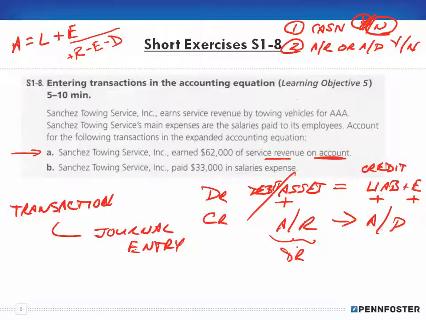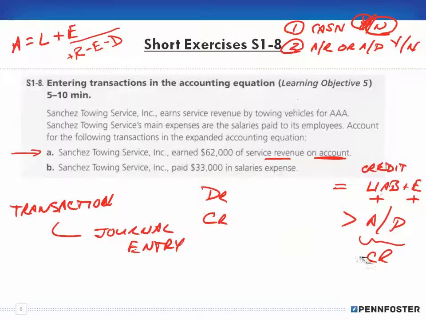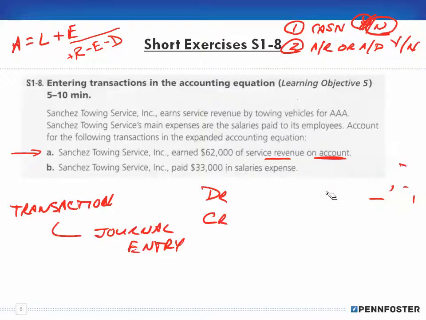So if I'm increasing an accounts receivable on the debit side, that means I'm increasing an accounts payable on the credit side, right? That's what I mean by two sides of the same coin. In this case, we ask ourselves, does this transaction affect cash? We said no. So then we ask ourselves, does it affect accounts receivable or accounts payable?